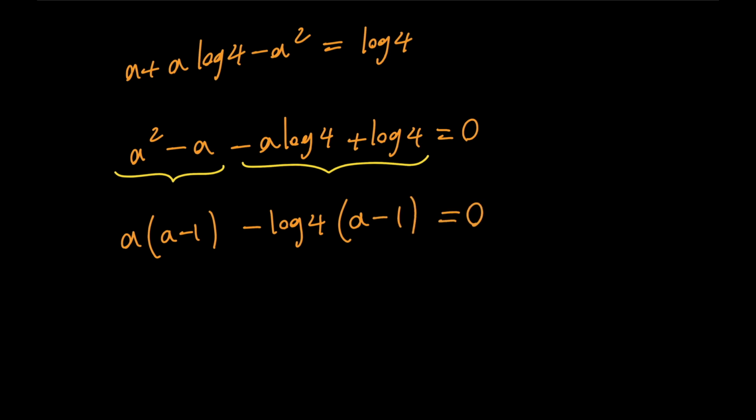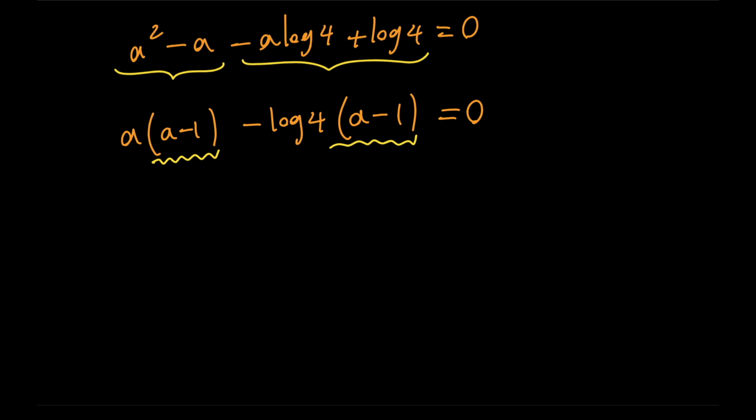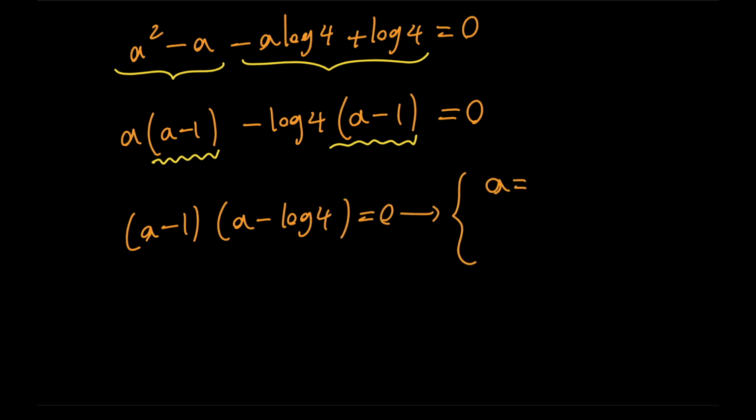Now, if you look at this, we can say that a minus 1 is our common factor. So we can pull it out and write that we have a minus 1 times a minus log 4 equals 0. From this, we can say that a is 1 or a is log 4.